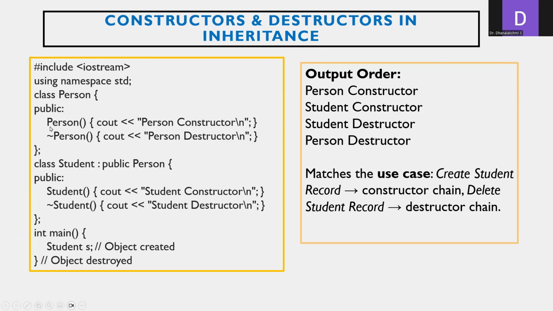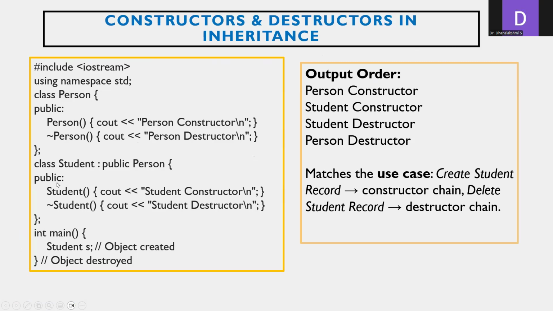And you also have a destructor, because you have a tilde symbol here, which is going to print person destructor whenever a person object is destroyed. You should be very clear that whenever a person object is created or destroyed, such functions will be executed. So this class defines what happens when a person object is born or when it is destroyed.